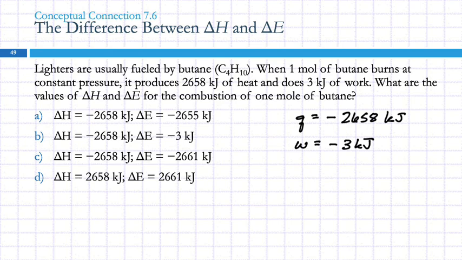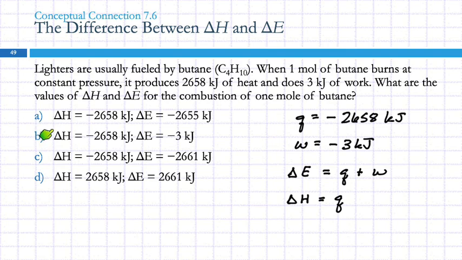So we learned that there was one thing that was Q plus W. What was that? Delta E. And delta H is just Q. So here is Q. Q is negative 2658.